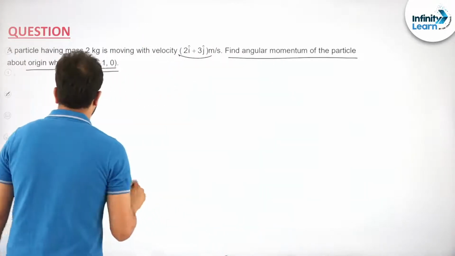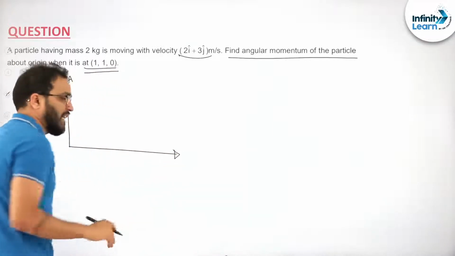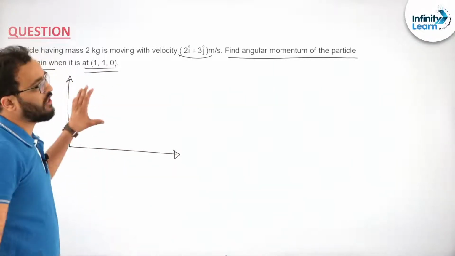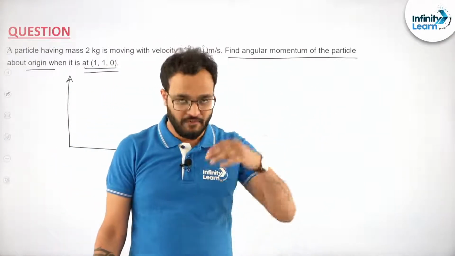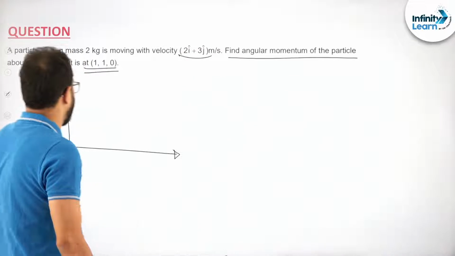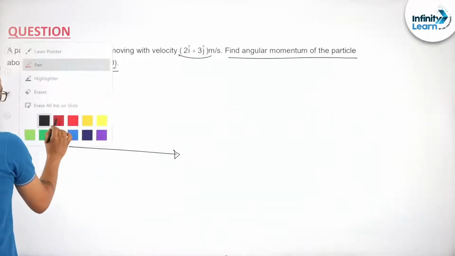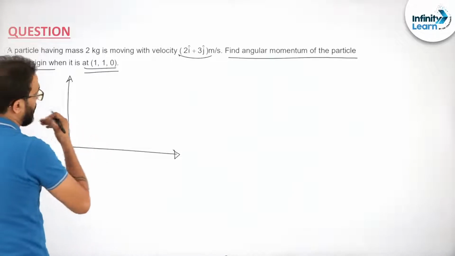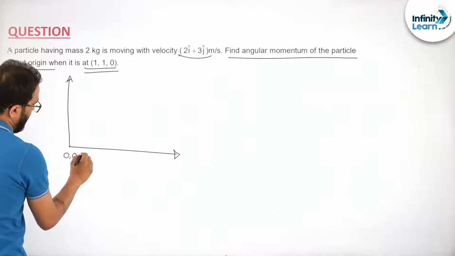Okay. So what we will do, we will first draw. Always remember, children, whenever we are solving a question in physics, we need to first draw what is given in the question. If there is a requirement, then we have to definitely draw whatever we can to understand the question properly. Okay, so we will say this is 0, 0, 0.